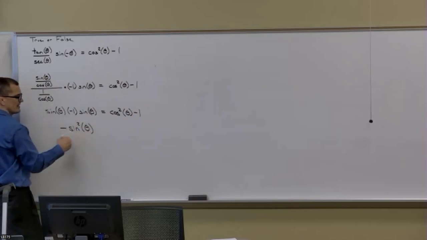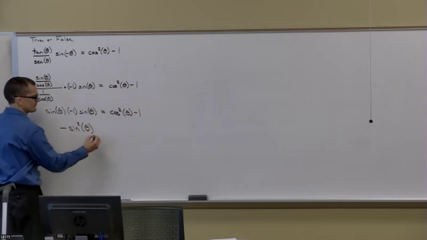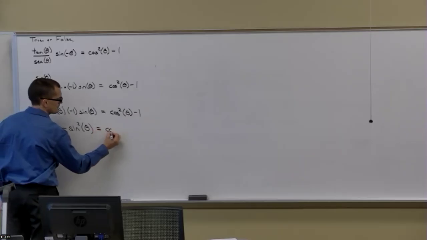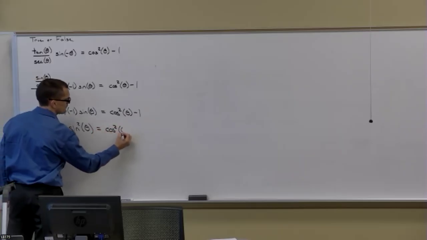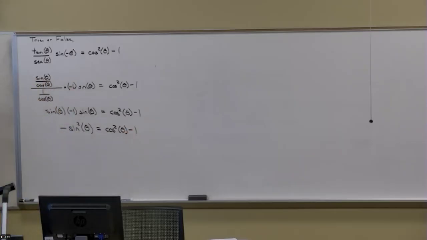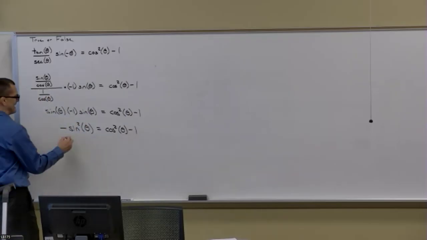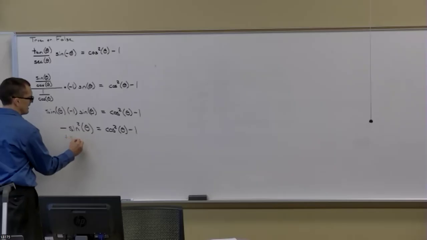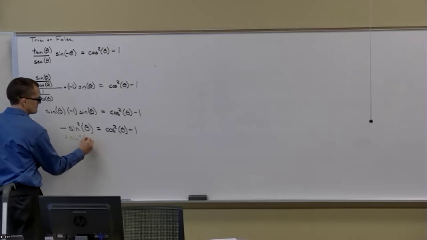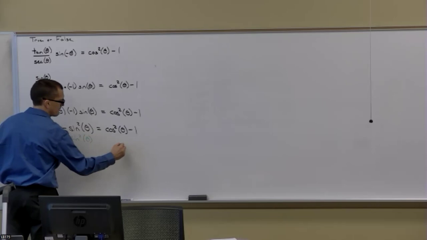Sine times sine is sine squared. And now again, we have options. What do we want to do? I think the easiest way to see this is to probably add sine squared of theta to both sides.